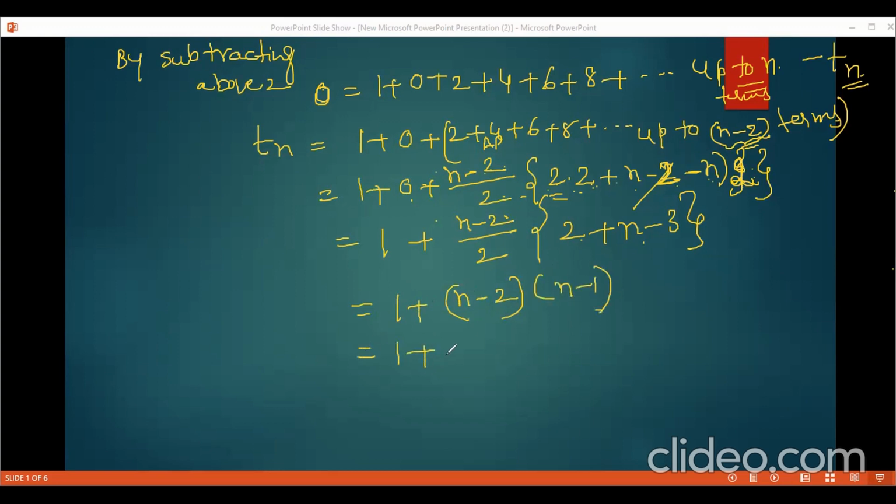So 1 plus n square minus 2n minus n plus 2. So that means n square minus 3n plus 3.